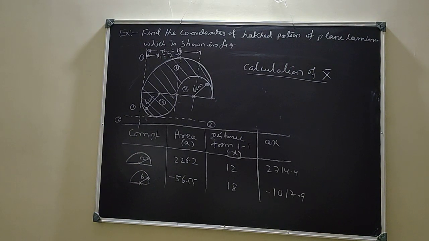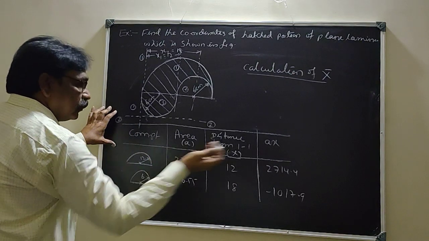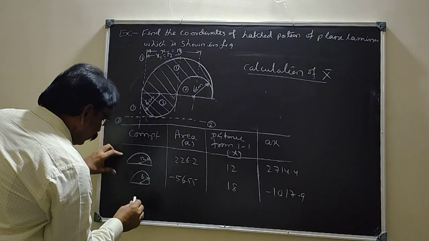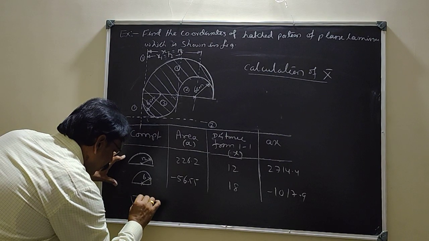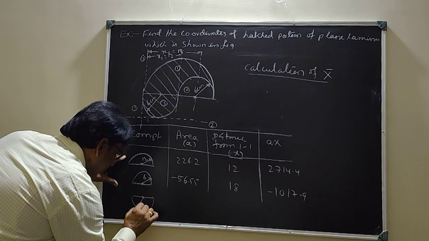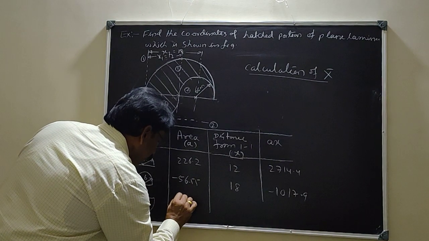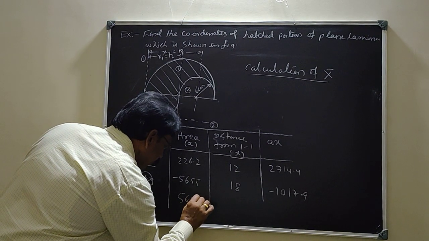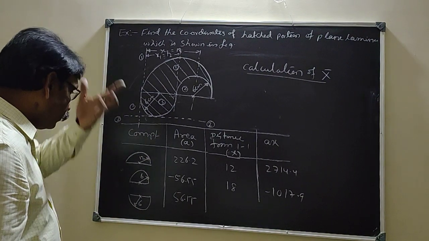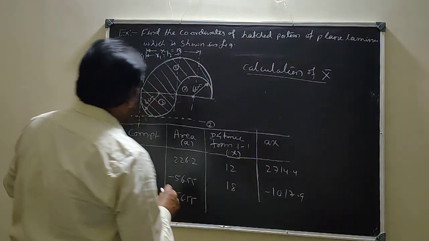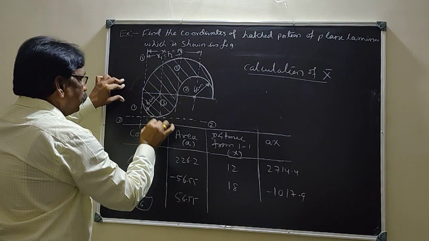So next is another component, this semicircle which is added, and the radius of this one is also the same, 6. So you get the area will be the same, that is 56.55, because pi r square by 2. And then as far as the central axis is concerned, this is x3.